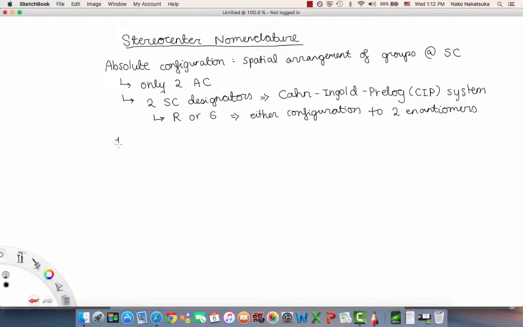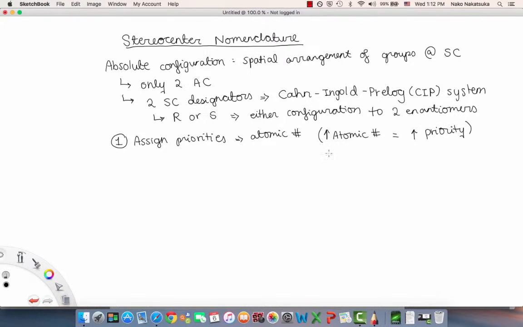So the first step that you do is you assign priorities. And this is based on atomic number. And this is the atomic number of all the atoms that are attached at the stereocenter. And the key is the higher the atomic number, the higher the priority.